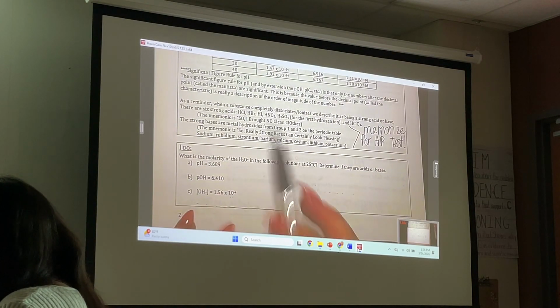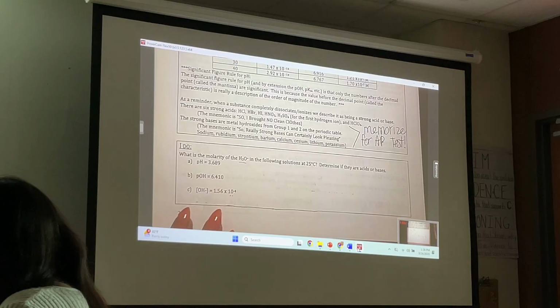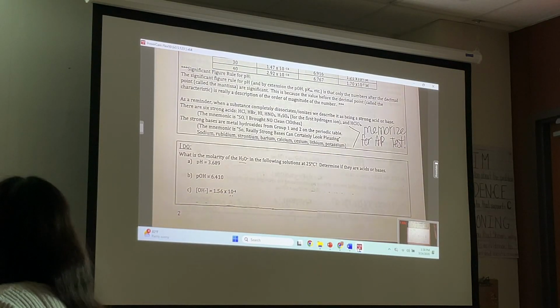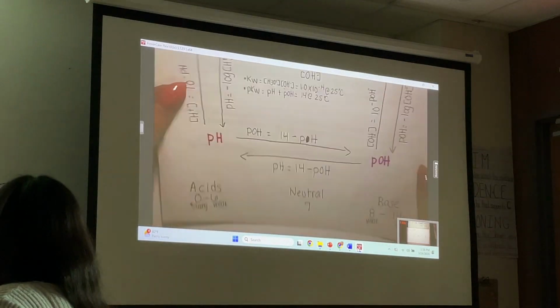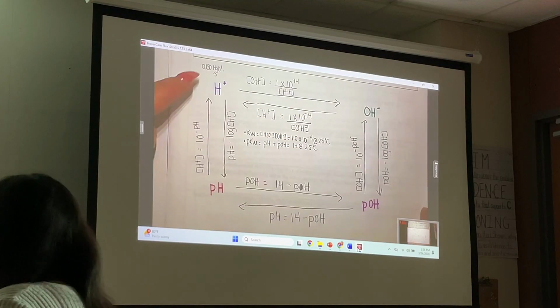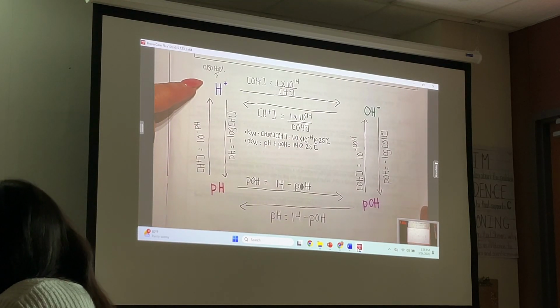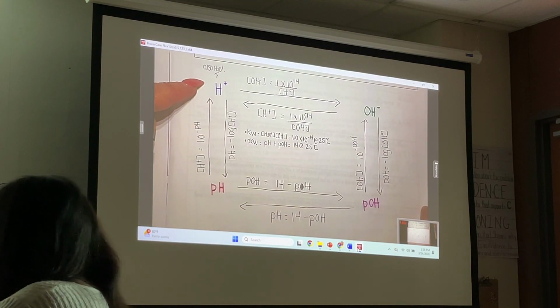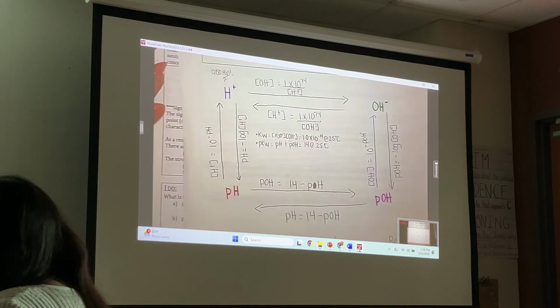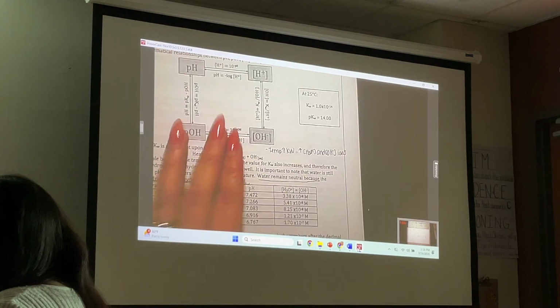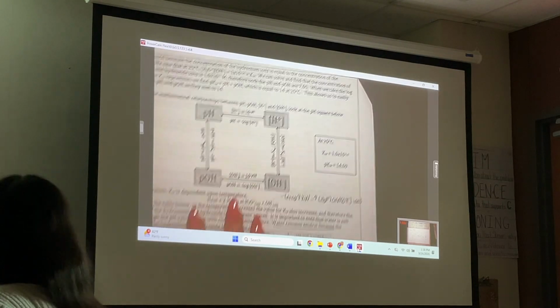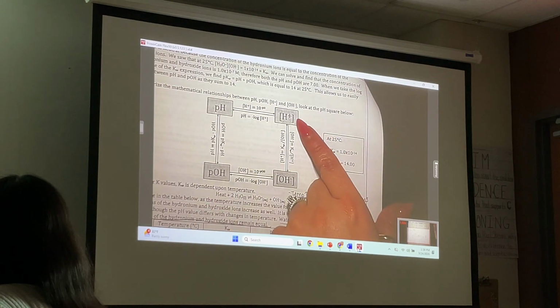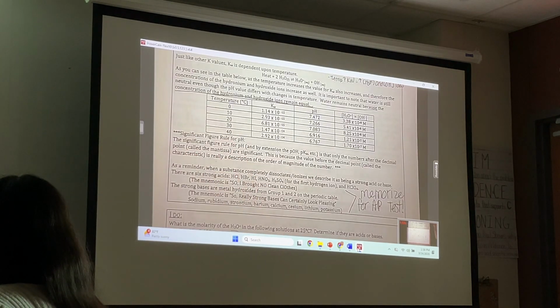All right, so it wants to know our concentration of H3O. So I'm going to flip back to this part. It wants this, and it gives us different variations of it. You can also use this square up here at the top if you'd like to. It's completely up to you. So let's go ahead and see what we got.